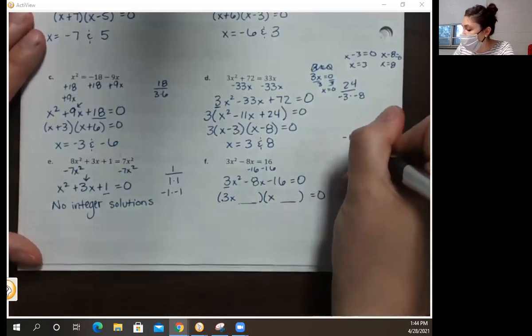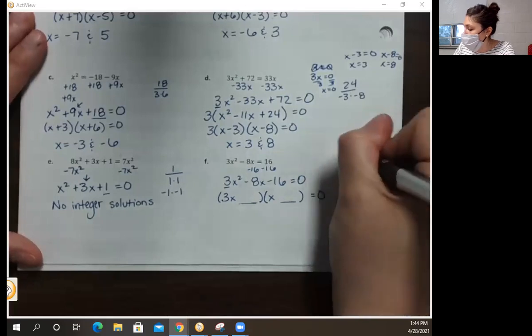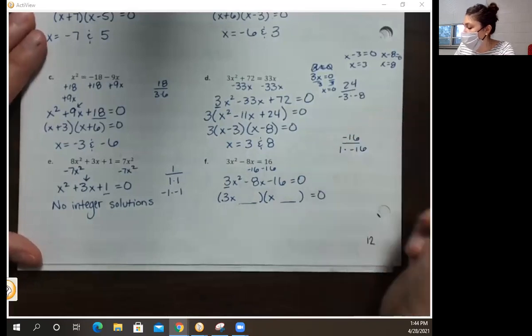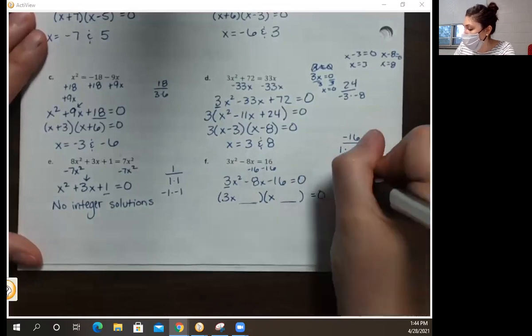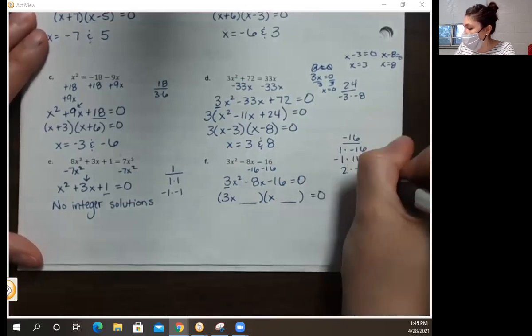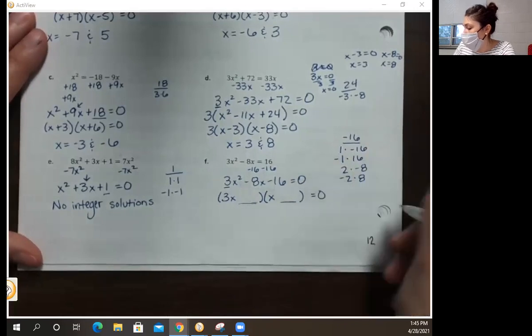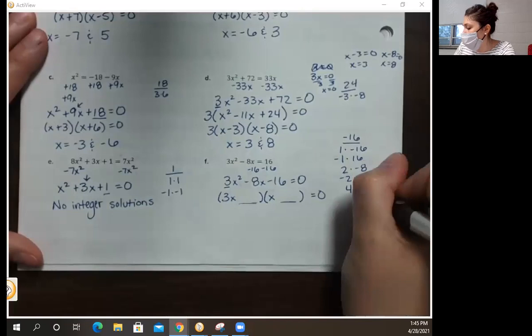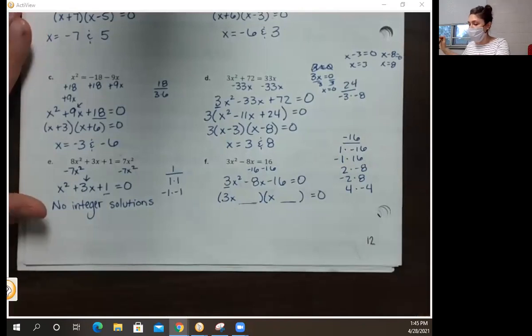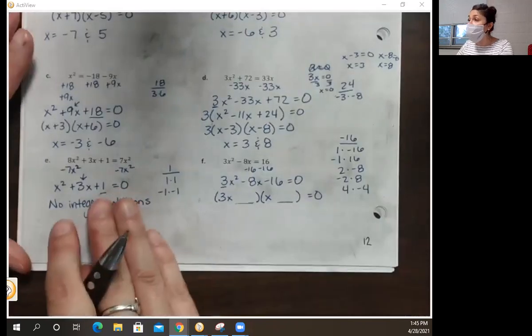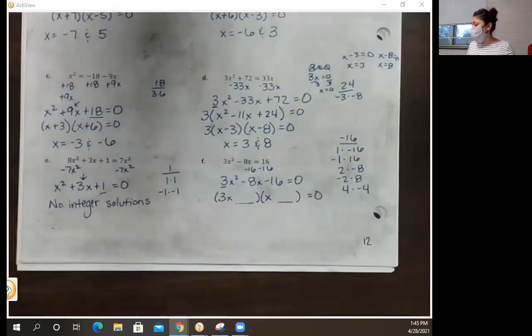So my factors of -16 would be 1 times -16, or -1 times +16, 2 times -8, or -2 times +8, or we could do +4 times -4. Anybody have something they would like to try? I think it sounds good. Let's give it a shot.